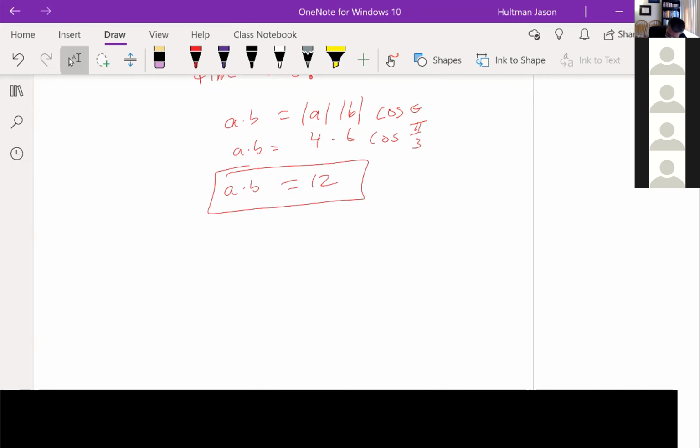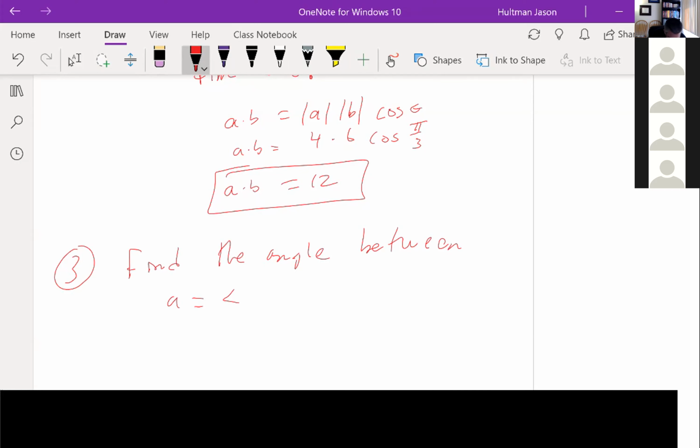Okay, number 3. Find the angle between vectors A, which is (2, 2, -1), and vector B, which is (5, -3, 2).